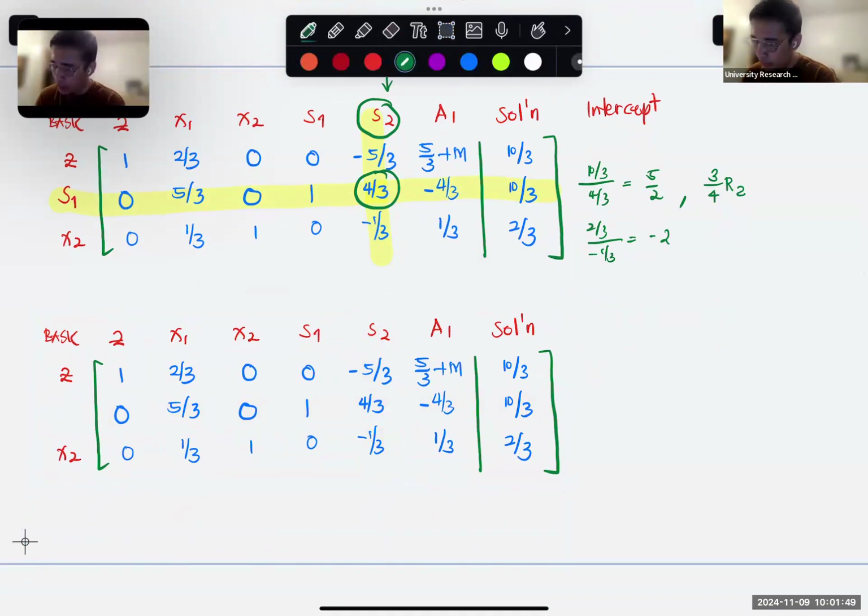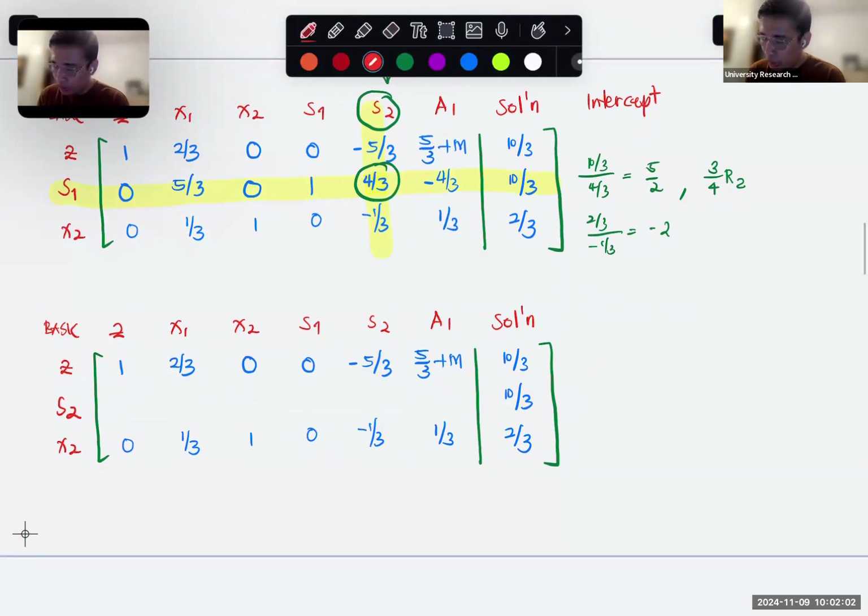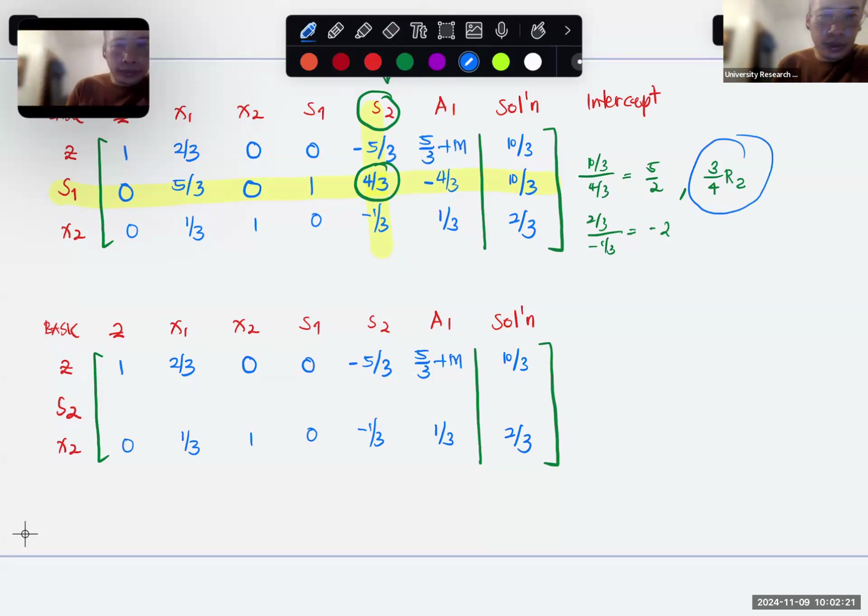So S1 will now become S2. And then, I want to make my pivot element equal to 1. So what I'm going to do, I'm going to multiply the entire row by 3 over 4. So 3 over 4 times 0 is 0.